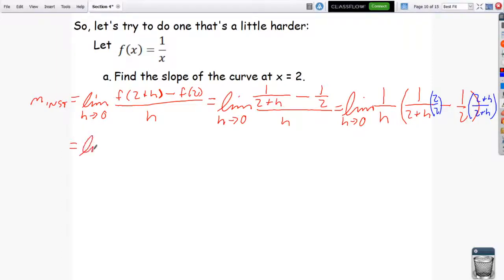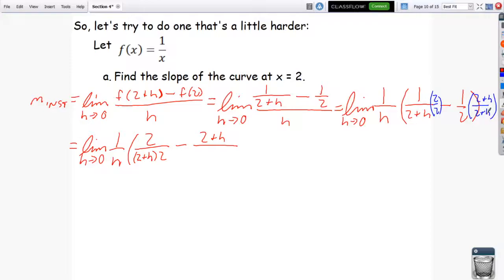Again, I have not d-subbed, so I've got limit as h approaches 0 of 1 over h, times the quantity of 1 times 2 plus h, over, I don't feel like distributing that, so it's going to be 2 plus h times 2, minus 1 times 2 plus h over 2 times 2 plus h.